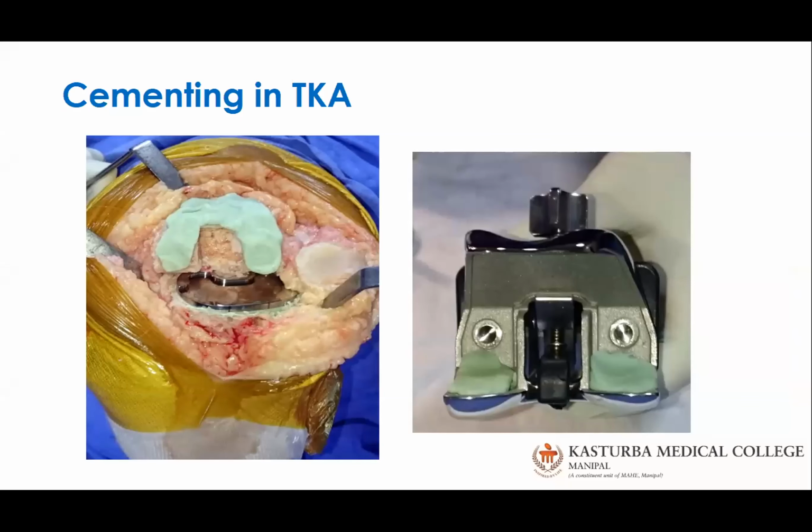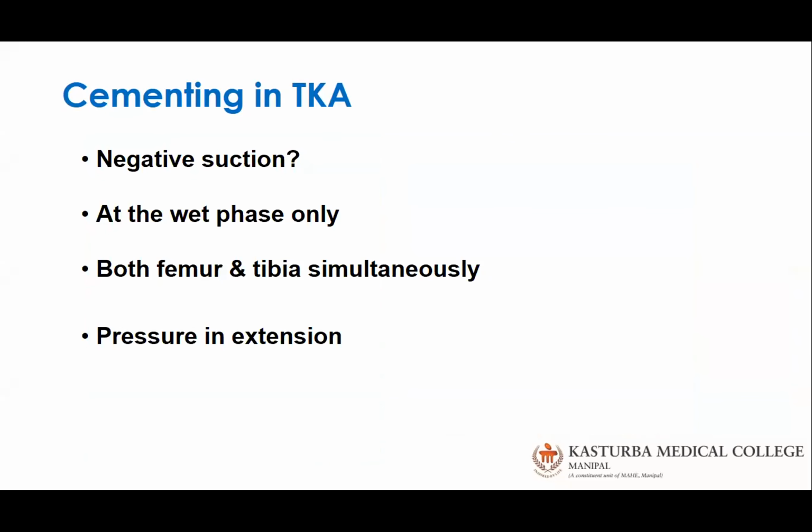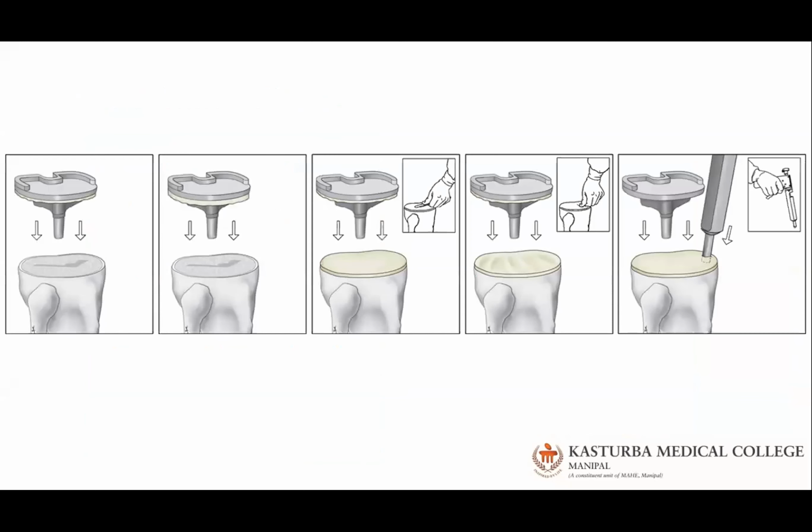Again, on the femur, on the processes, and also on the surface of the bone. Negative suction by making drill holes in the tibia, no difference. And apply the cement in wet phase only. Simultaneously both for femur and tibia, and then pressure in extension for interdigitation.